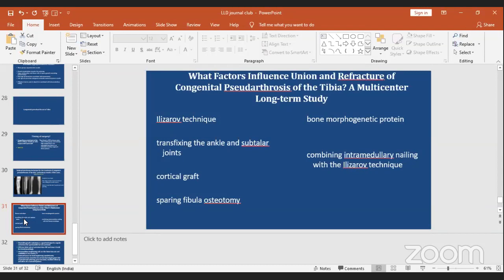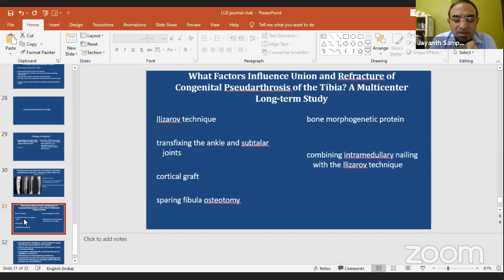I think Mandar, you have used plates, right? Yeah, Jayant wanted to say. Hello. So, I mean, the times when I have not used an Ilizarov with the telescopic rod, I've always regretted it.